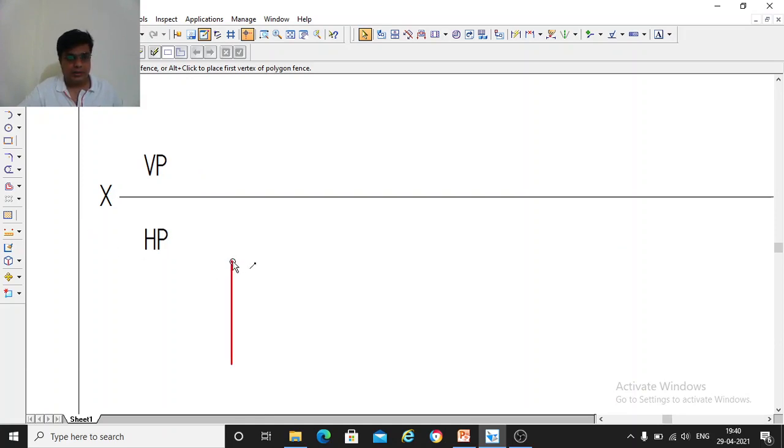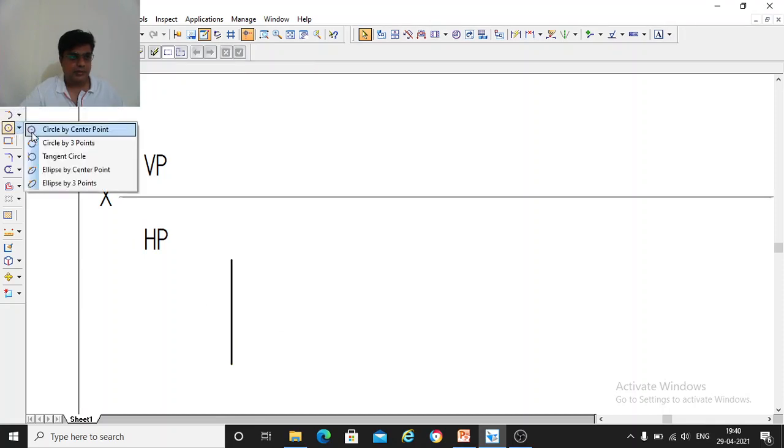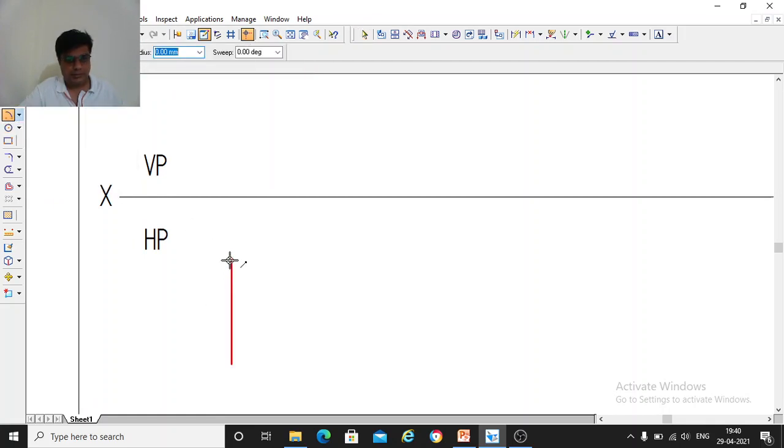To draw the other two edges, you should take your compass, keep the center at this end, and draw one arc with radius 25 mm. Similarly, keep the center at the other end, and draw one more arc with radius 25 mm.